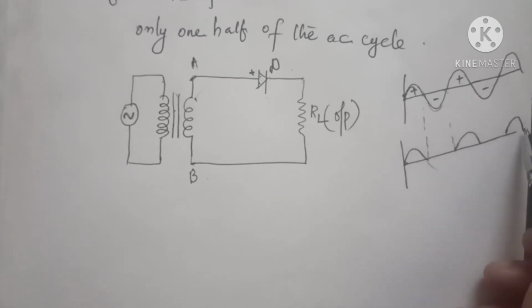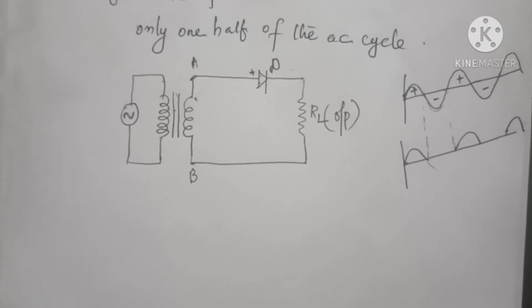So this is the half wave rectifier, but the efficiency of the half wave rectifier is very low. In such a case, the full wave rectifier was introduced. Understood? In a half wave rectifier we have only one diode and a transformer, and the primary of the transformer is connected to the AC source which is to be rectified.